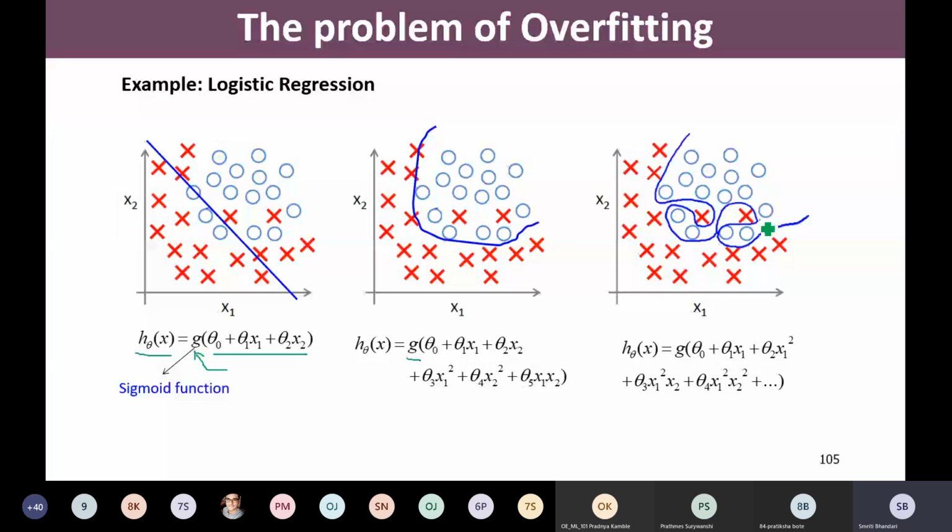This hypothesis is trying to classify each and every example in the training data set accurately, such that every sample gets classified correctly. So this kind of hypothesis performs very well with the training data set.